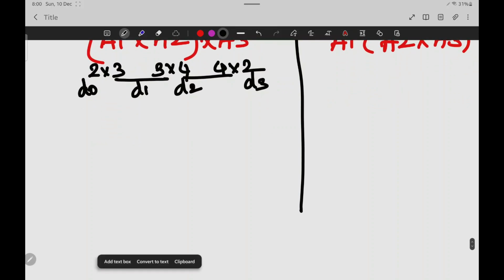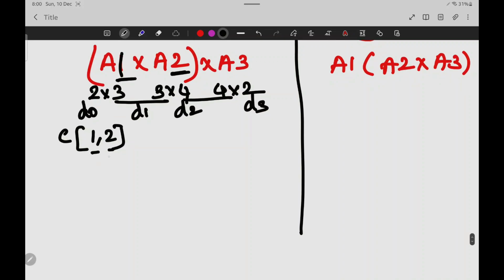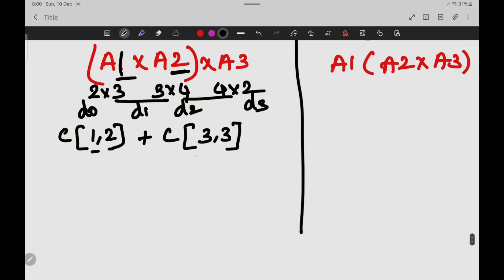Just we are multiplying C of 1, 2. 1 comma 2 means the first matrix and the second matrix are multiplied. Then the remaining third matrix is C of 3, 3. Here we are not doing any multiplication, 3 comma 3 is simply brought down, so we just add it.